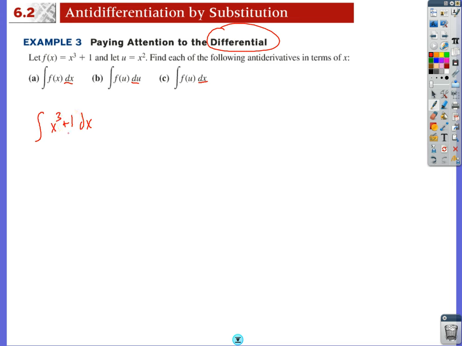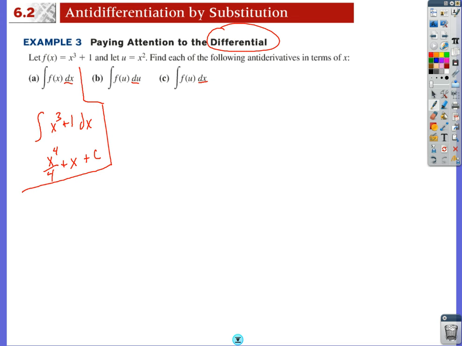So now I can take the antiderivative. My differential matches up to the variable that's inside the integrand. Great. So now I say this is x to the fourth divided by 4 plus an x plus a c. Ta-da! We're all done for part A.